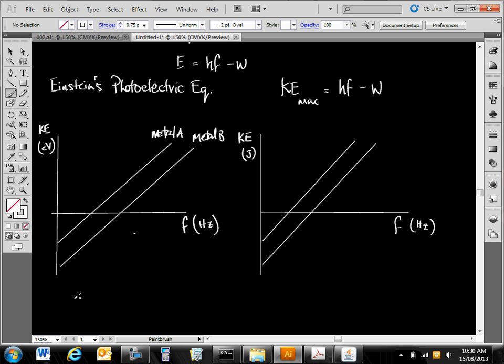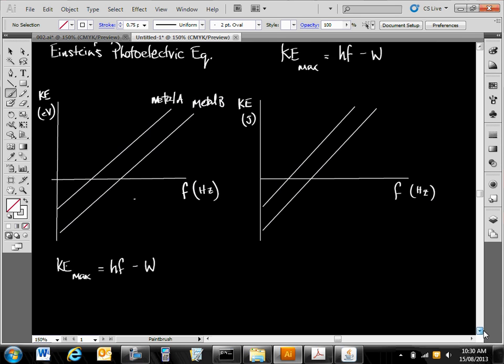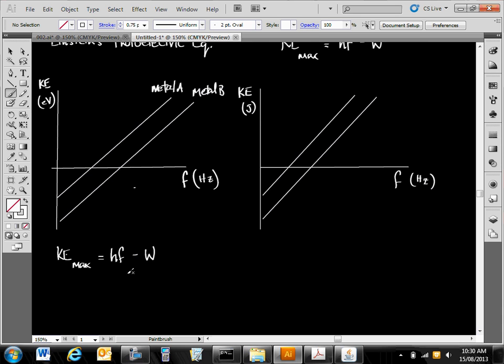The slope of the graph, K max, is equal to hf minus omega. What's this? y equals mx plus c.